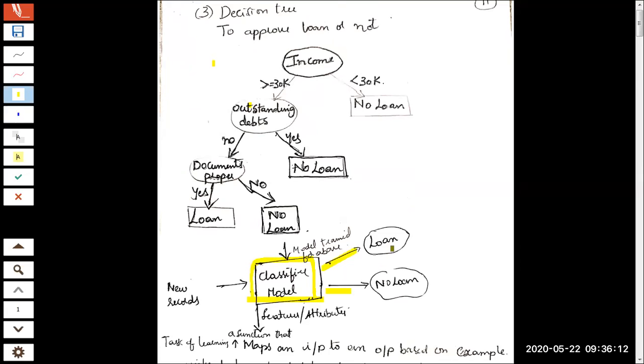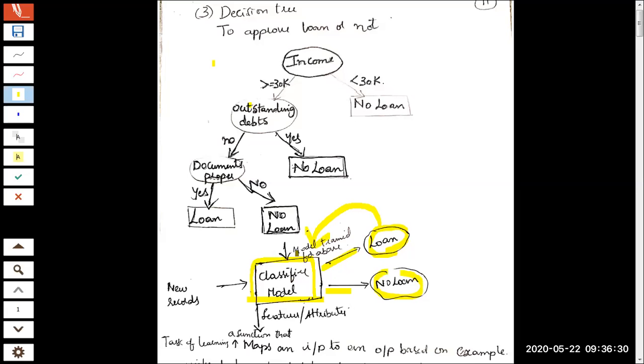So obviously two classes are there, two known classes, two class labels: approve the loan and do not approve the loan. So the classifier has been trained, has been informed about these two classes.